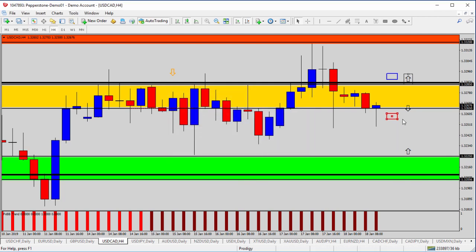Those would be a little bit more conservative, waiting for that to happen. You might miss the move if you have to wait for that to happen, but it would definitely be a little bit more conservative. You might even look for just a large bullish candle. The next candle opening above the yellow zone may be a clue for you as well.